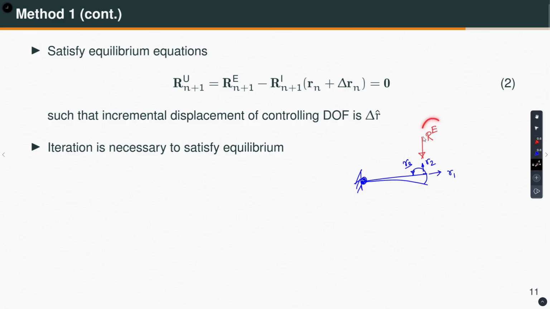So, that means this is my unknown. What about R3? Is it known? No, it is not. But I know the force in this degree of freedom is 0. R3, the displacement is not known, but the corresponding force is known. Similarly, R1, the displacement is not known, but the corresponding force is 0. Nothing is applied. I only applied that one. Now, for this particular case, R2, my displacement is known, but R superscript E is not known.